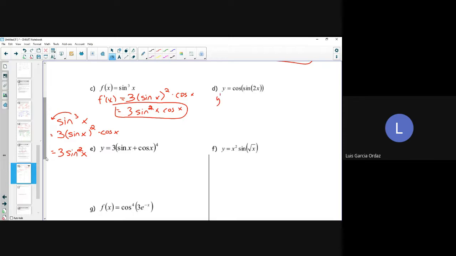I got y prime is equal to, take the derivative of cos, which is negative sine, times sine 2x, multiplied by the derivative of 2x, which is 2, and then I just take the derivative of sine of 2x, which is cos of 2x.